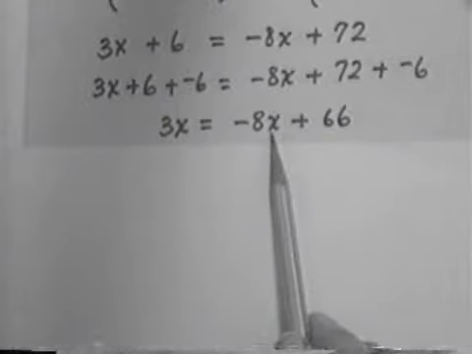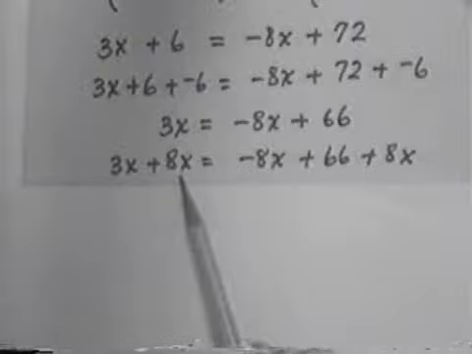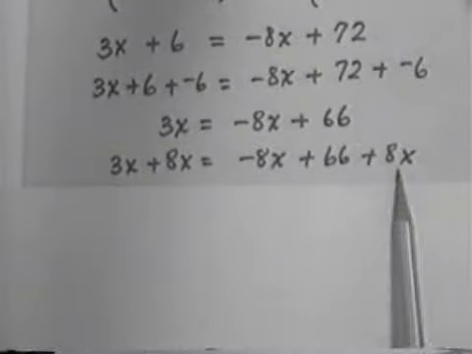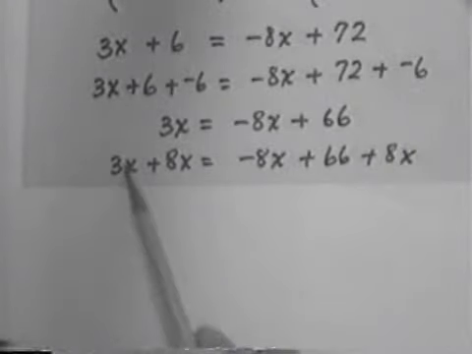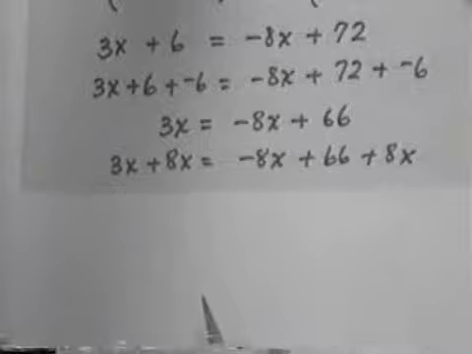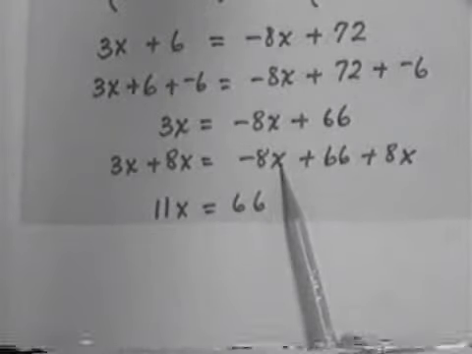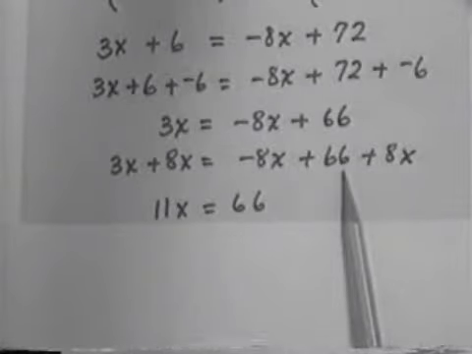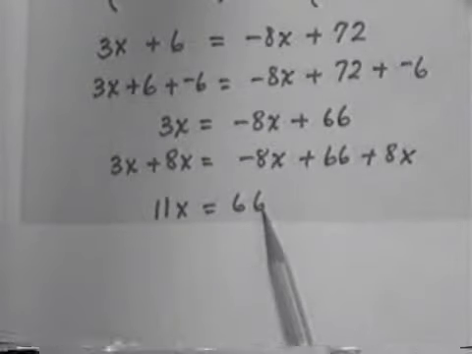The opposite of negative 8x is positive 8x. That gives us 3x plus 8x equals negative 8x plus 66 plus 8x. 3x plus 8x is 11x. Negative 8x plus 8x adds up to 0, and so we get 66 plus 0, or simply 66.